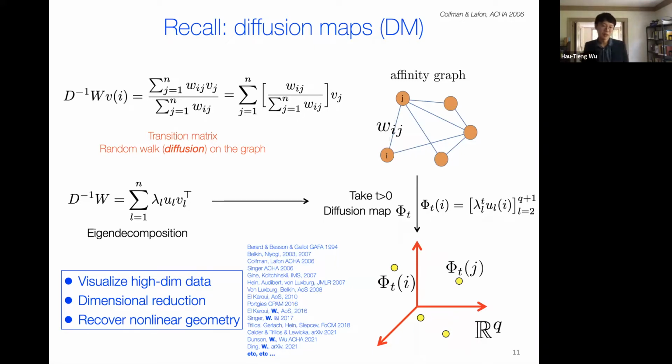But whatever, there have been a lot of theoretical justifications since 2000, even since 2003. But the most basic theoretical foundation is spectral embedding theory based on a manifold. If you are a fan of manifold embedding, manifold learning, this was published in GAFA in 1994.